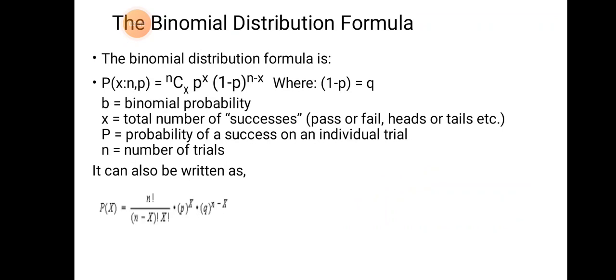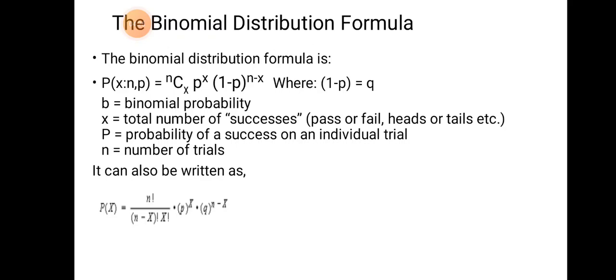1 minus p is equal to q because p plus q should be equal to 1. So, if in the problem p is given, you can find out q by deducting that p value from 1. So, here in the formula, binomial probability, x is the total number of successes, p is the probability of success on an individual trial, n is the number of trials.